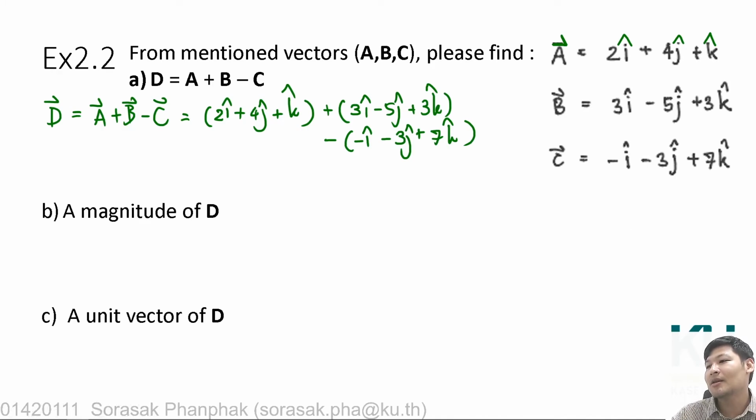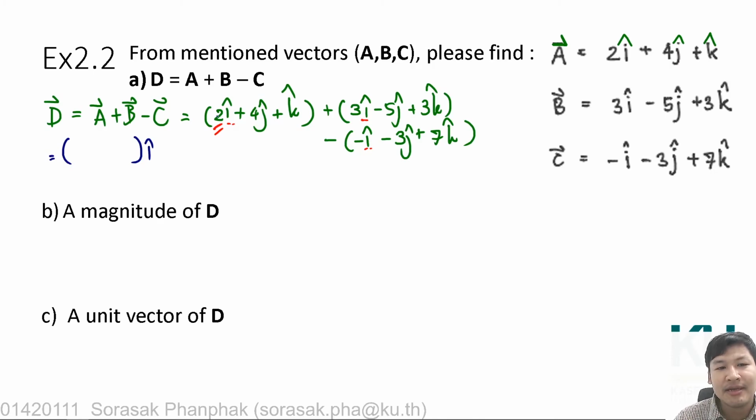So what is the final value you get out of this? The easiest way is to check the unit vectors first. You see i is over here, you can group it up. What are their components?